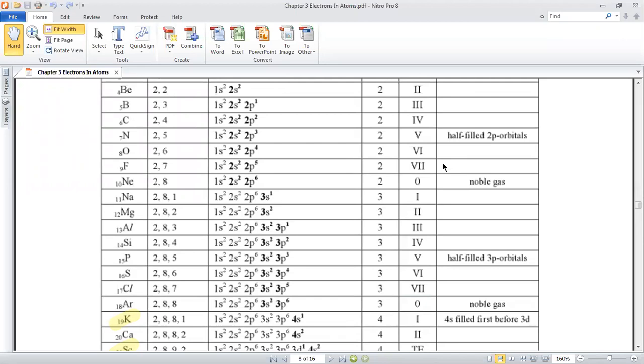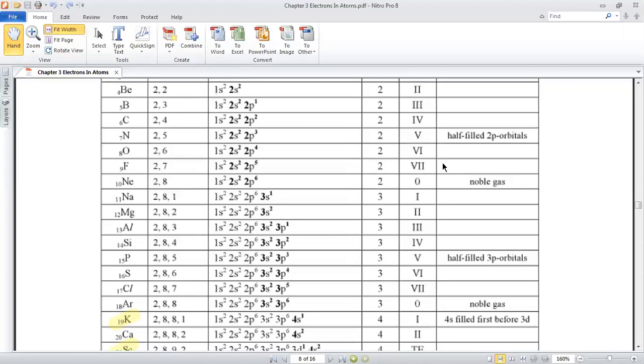Nitrogen is quite stable and it has very high ionization energy, हम आगे पढ़ेंगे, compared to oxygen because it has a half filled p orbital. It is a rule that a half filled subshell is as stable as a fully filled subshell.